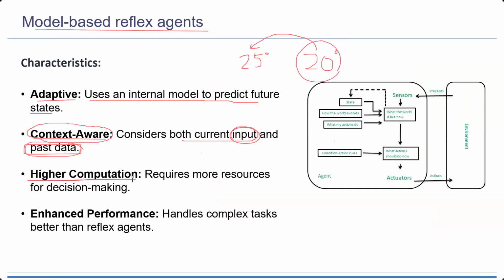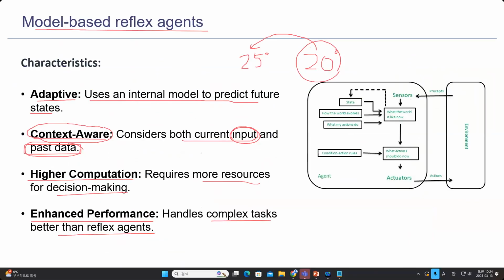It requires higher qualification because you need some resources to make the decision. It enhances performance because it can handle complex tasks better than reflex agents, since it has data. If it has the data, it can be more intelligent.